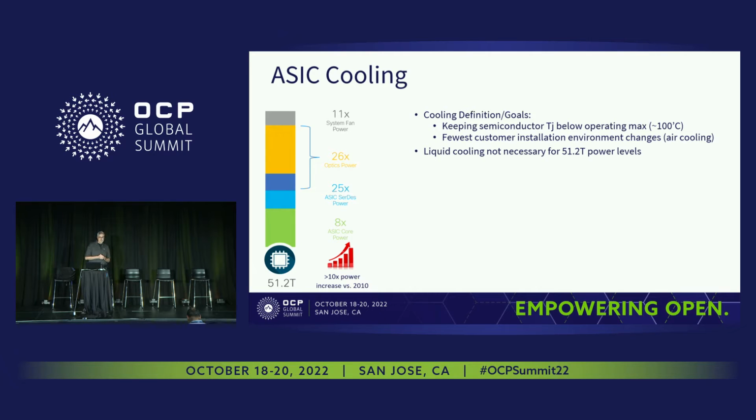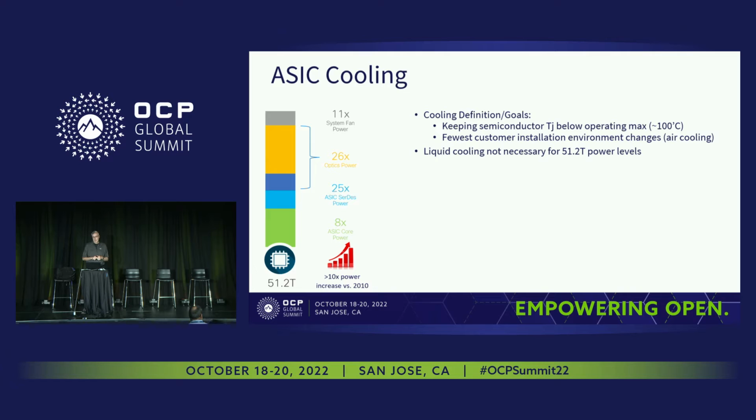Okay, so let's talk about ASIC cooling. As we've seen in that chart where I showed you how bandwidth and radix and SerDes speed and optics density scaled over time, one of the things that sits behind that chart is how power is scaling. Typically, the power will rise with the scaling of the bandwidth, but then you're combating it with more advanced process geometries.